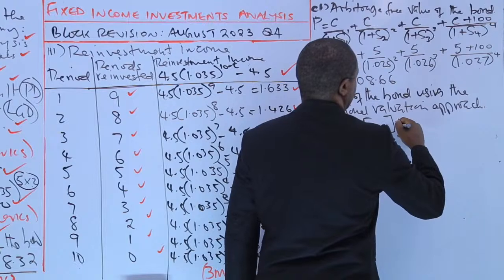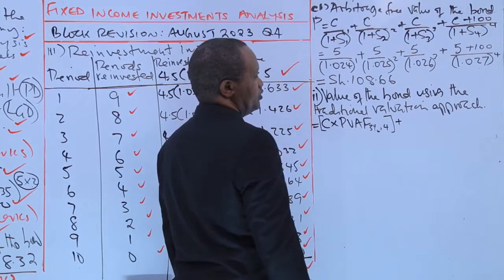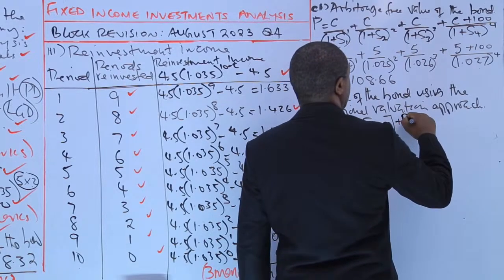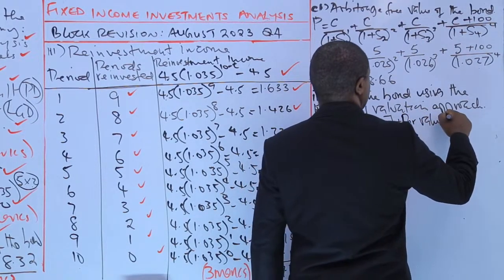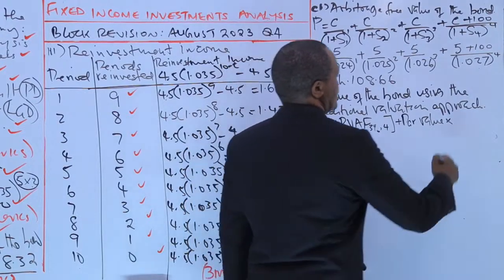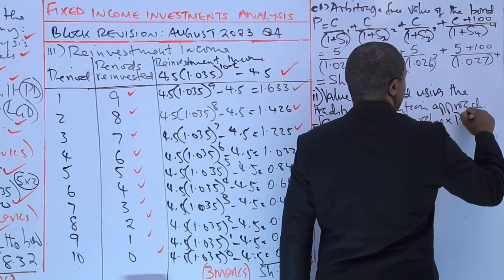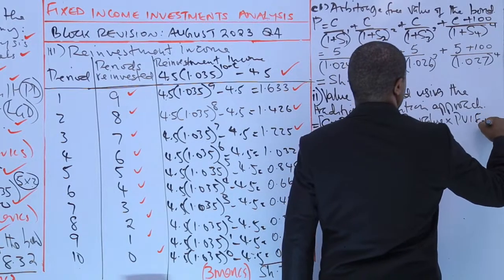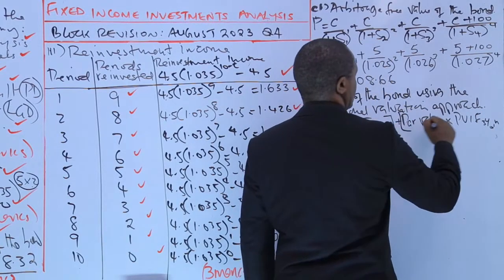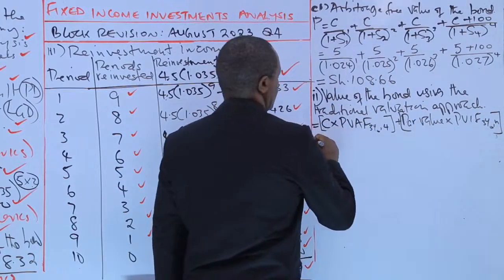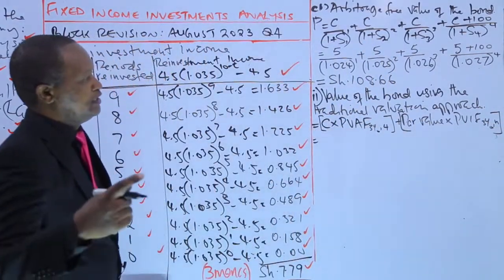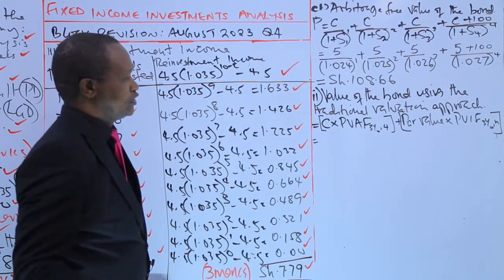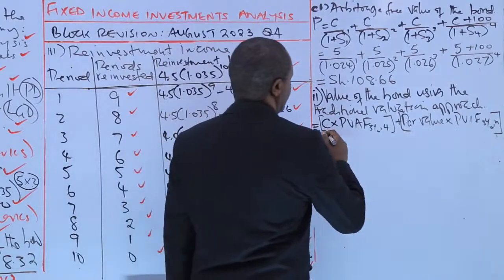Then we add the par value, which is 100 shillings, times the present value interest factor, R, 3%, N. So these two, that is what we are going to do. That is the traditional valuation approach. So the coupon amount is 5.